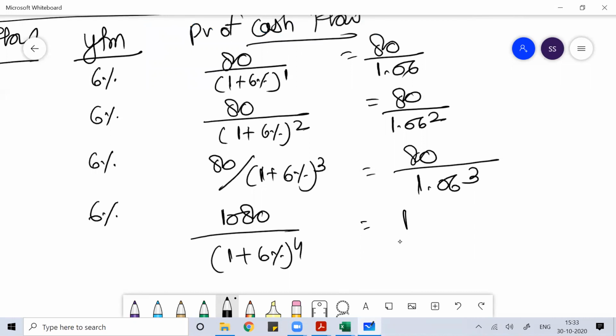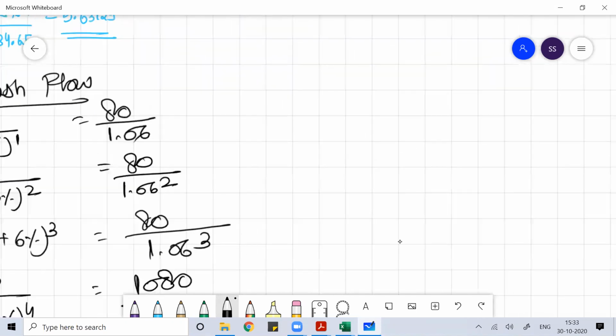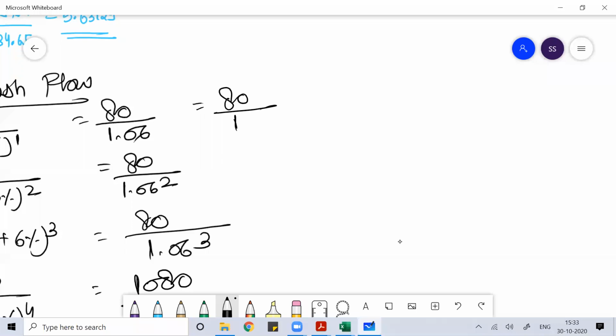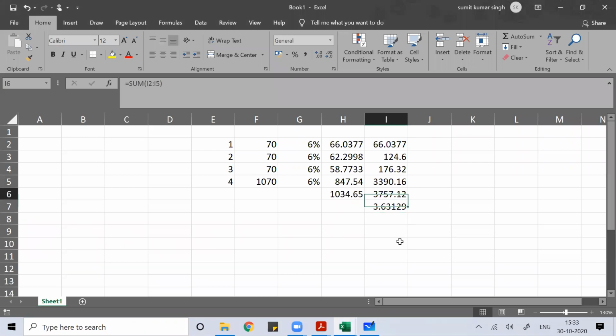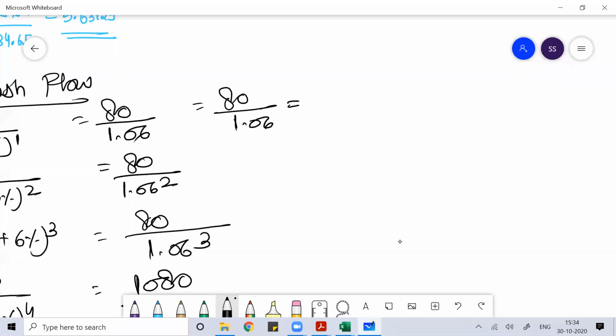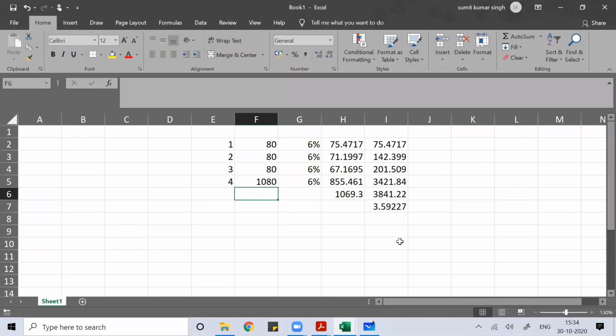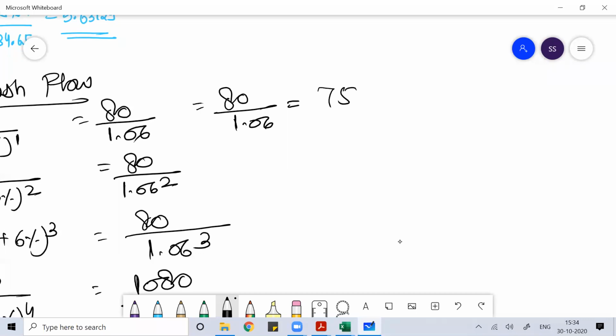And this is 1080 divided by 1.06 to the power 4. So you'll get how much? 75.4717.